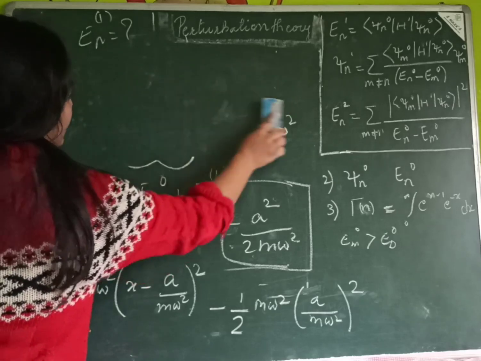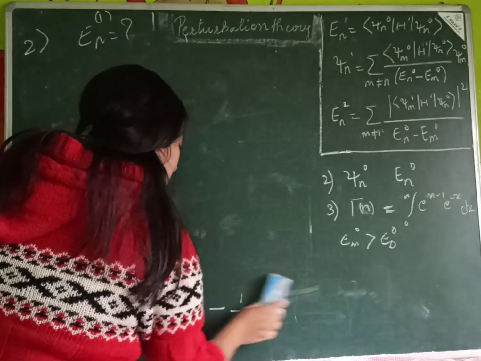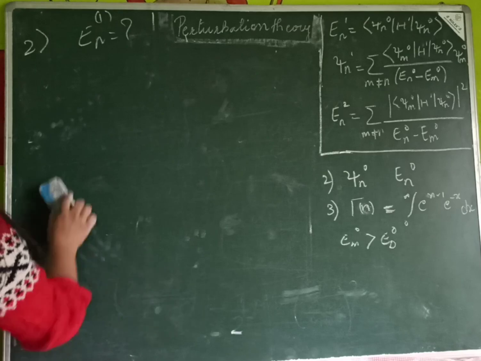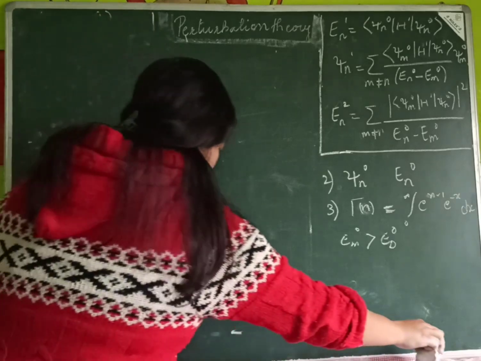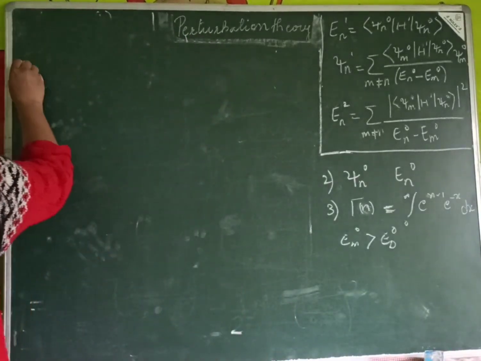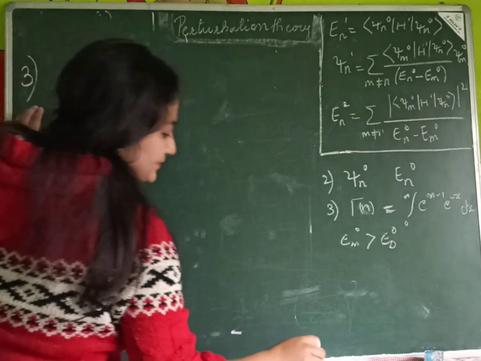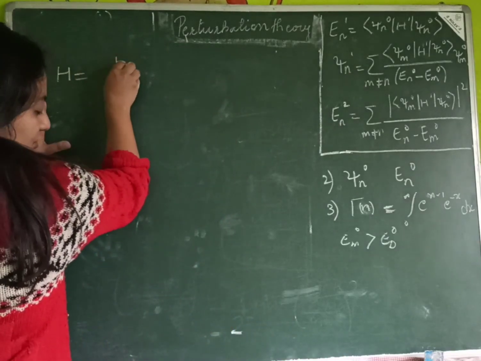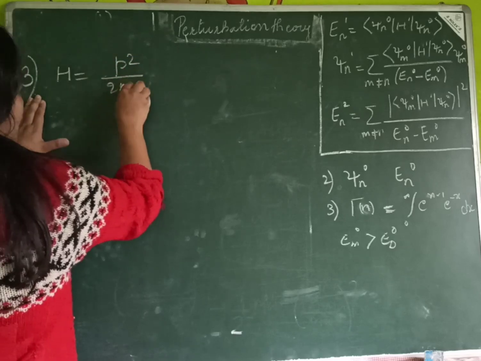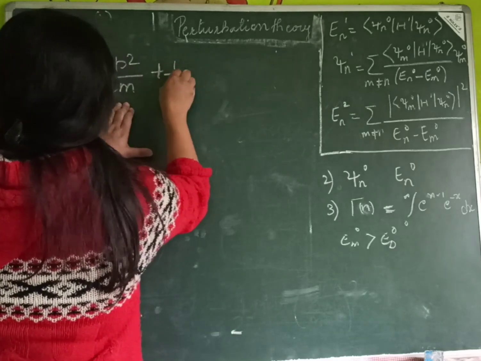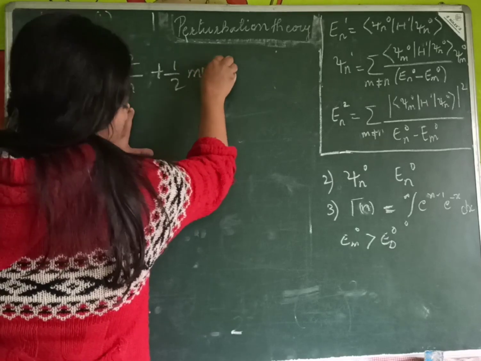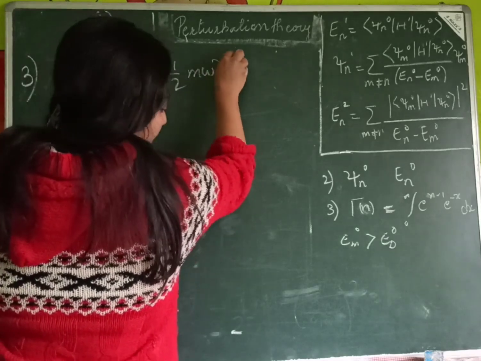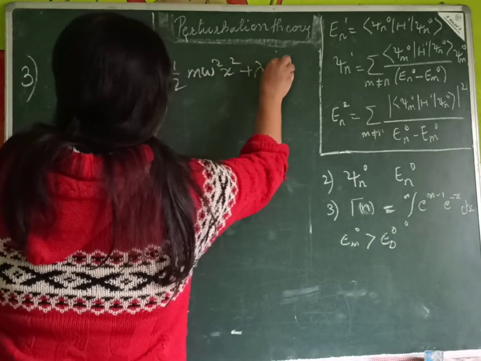Now let us move into the third problem, which is very much similar to the second. The third problem is H equals p square by 2m plus half m omega square x square plus lambda x.